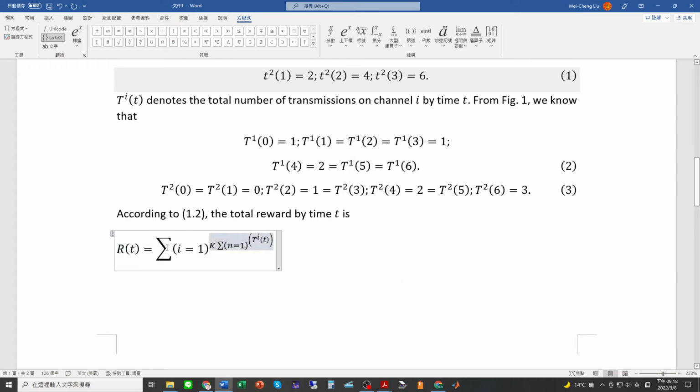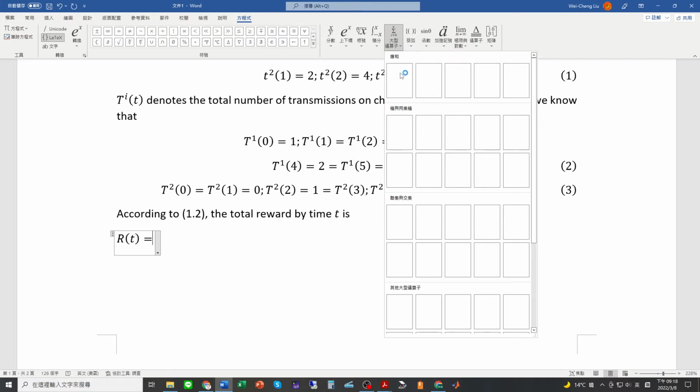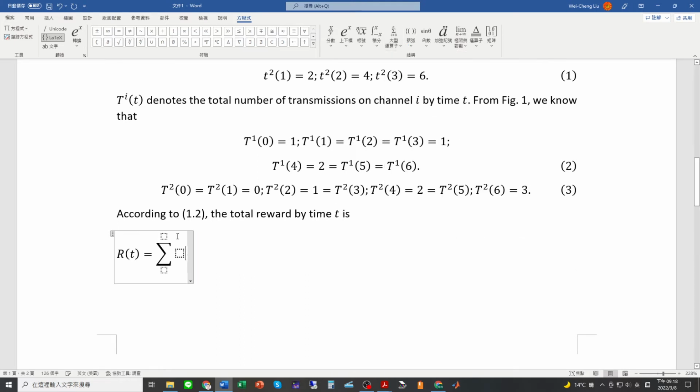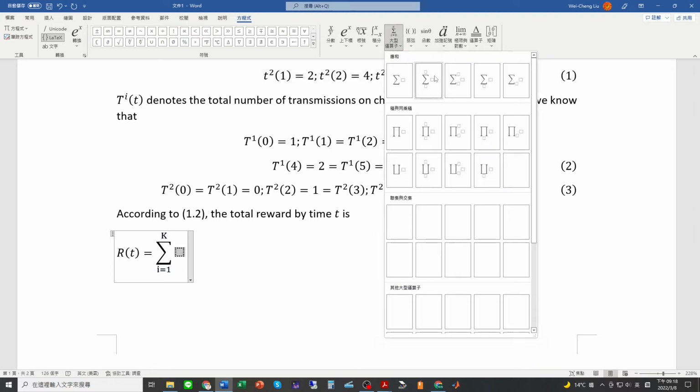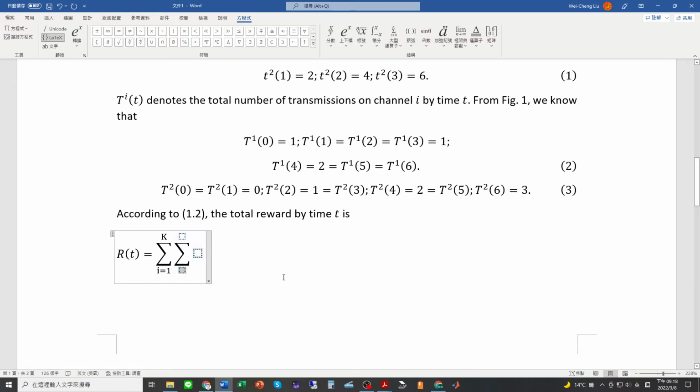So I need to adjust this summation. Okay, so this is the summation, i is equal to 1 to capital K, and this is another summation, n is equal to 1 to t_i of t.